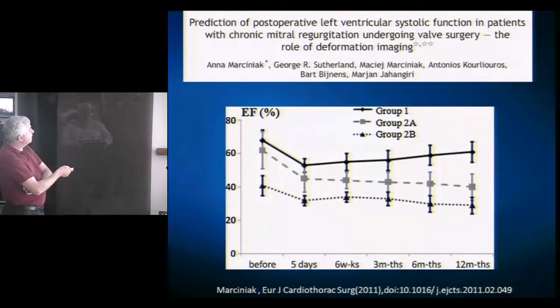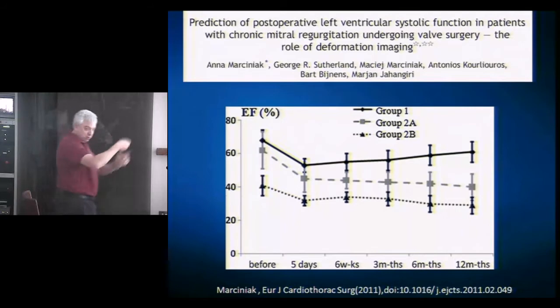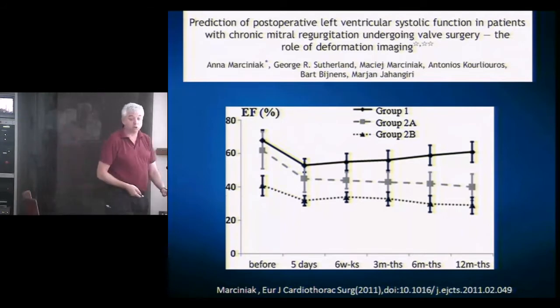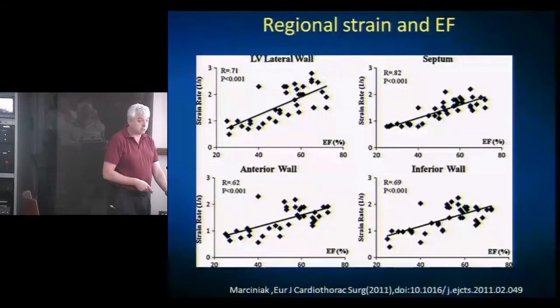But look what happened to that group 2A over here. They had the same decrease, but they never recovered their EF, and that's why they went into group 2 in the first place by that separation. So it's really this group that you're going to try and get at, and you can't get at them by pre-op EF. Maybe you can do it with exercise, but you can't do it just by looking at their resting EF.